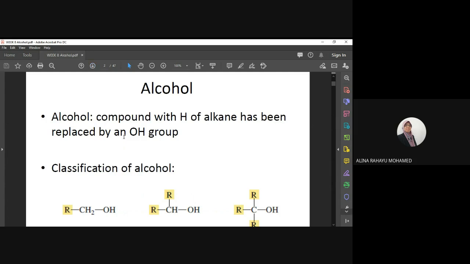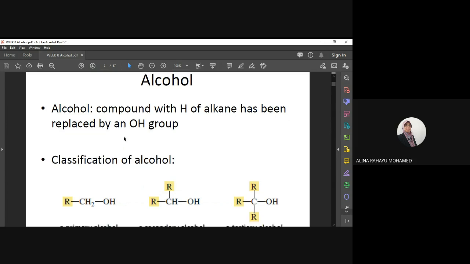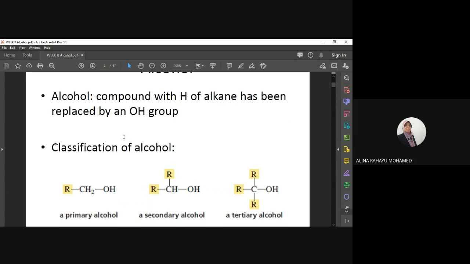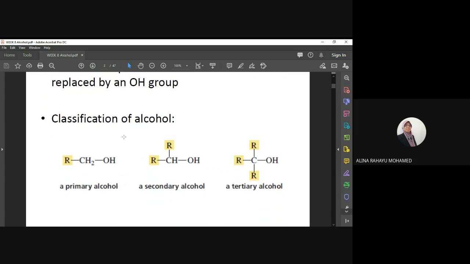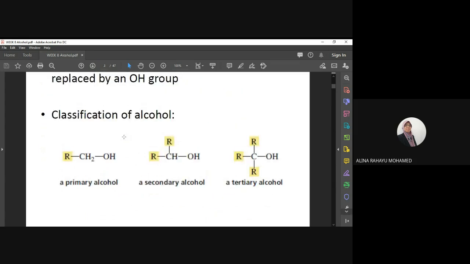Alcohol is a compound with a hydrogen of an alkane that has been replaced by an OH. Basically, alcohol is an alkane, but one of the hydrogens has been changed to an OH group. Classification of alcohol. There are three types of alcohol: primary, secondary, and tertiary.